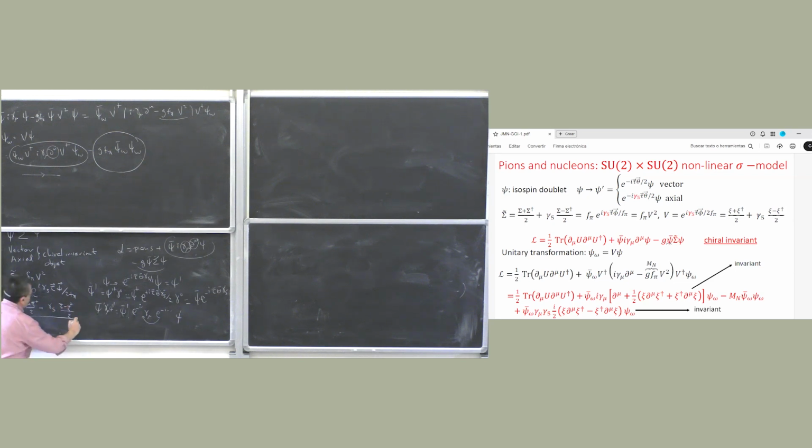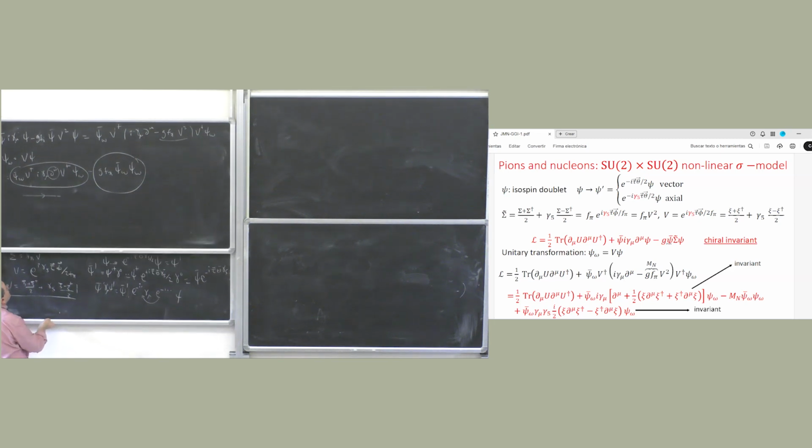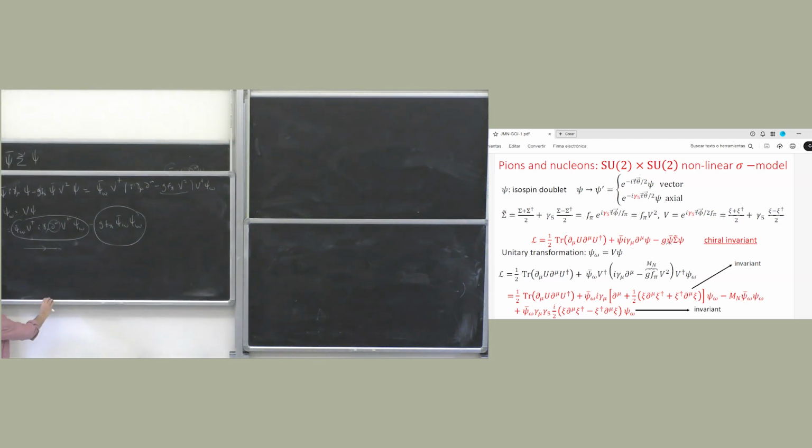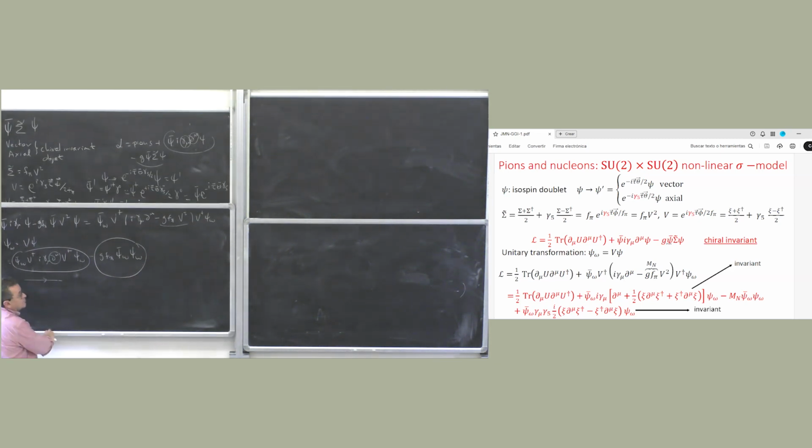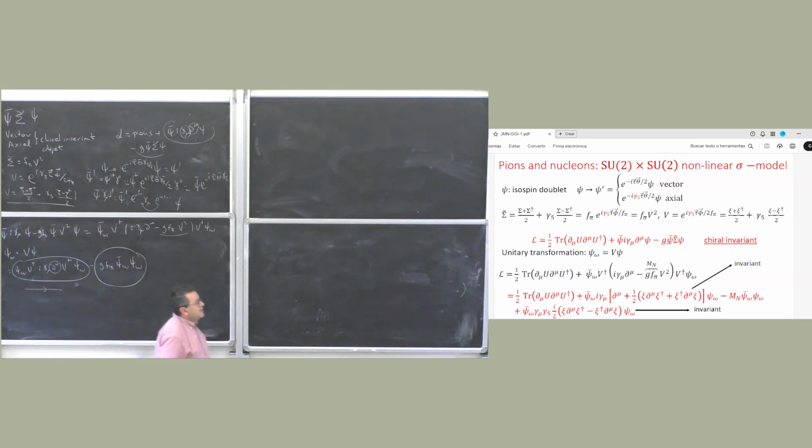So you just take the derivatives and two terms appear. One is like defining a new covariant derivative.